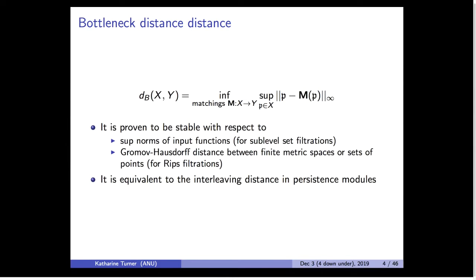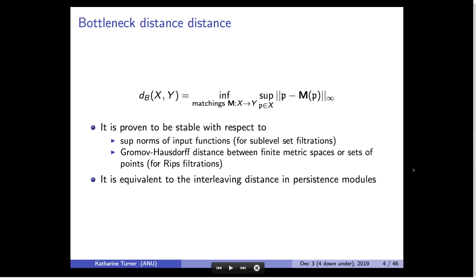People have also done it in terms of bounding the difference between the diagrams from Rips filtrations in terms of the Gromov-Hausdorff distances between the metric spaces. There's also a ton of other stability results for other systems, whether you're doing Čech or just a symmetric function; it doesn't necessarily have to be a sublevel set over the same space.